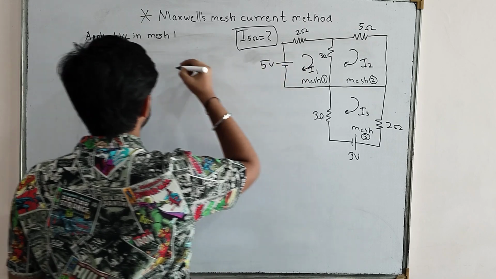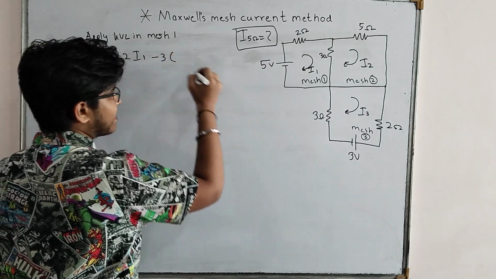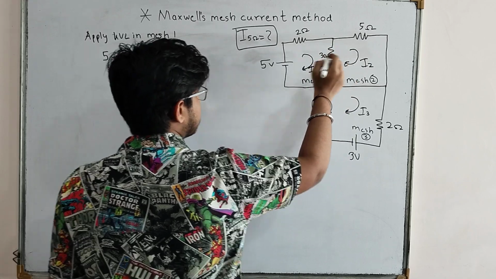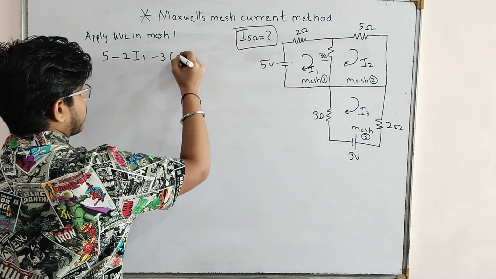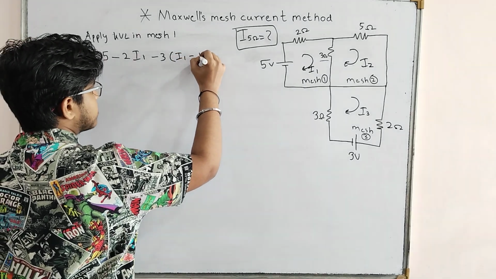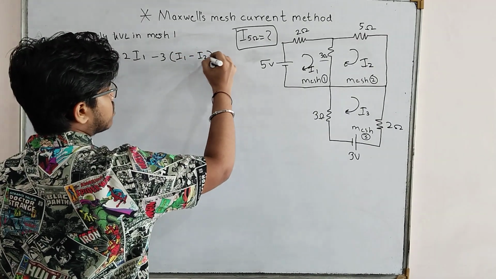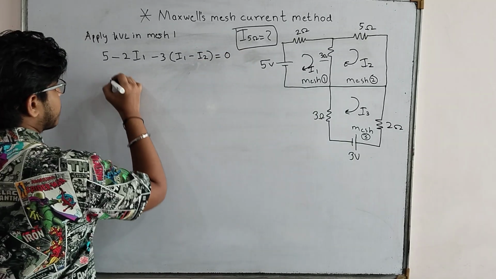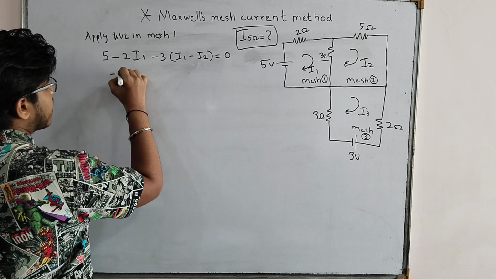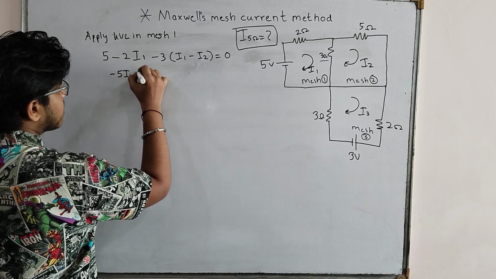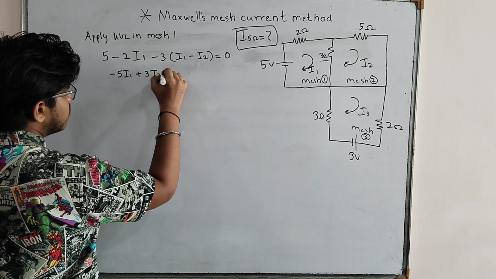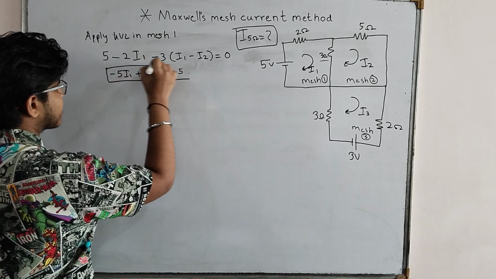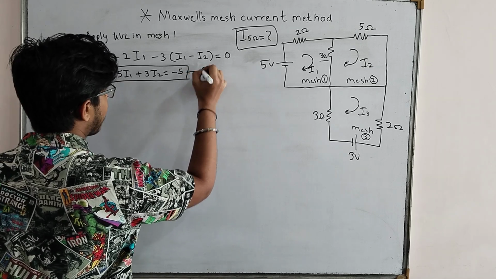Now at the 3 ohm resistance it will be a minus sign, and I1 is clockwise and I2 is anti-clockwise for the 3 ohm, so I2 will have a negative sign. So we write in bracket I1 minus I2 is equal to 0. On simplification we get the equation as minus 5 times I1 plus 3 times I2 is equal to minus 5. We will box this equation and consider it as equation number 1.